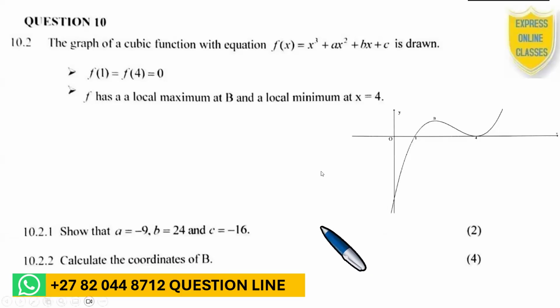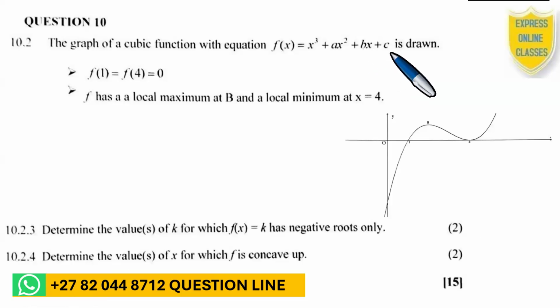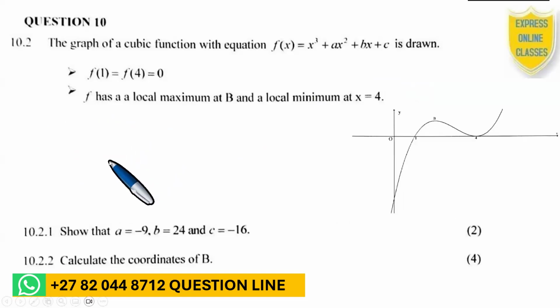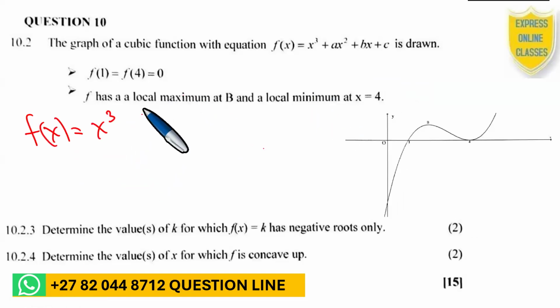Minus 9, 24, minus 16. So we'd have f of x, which is x cubed minus 9x squared plus 24x minus 16.